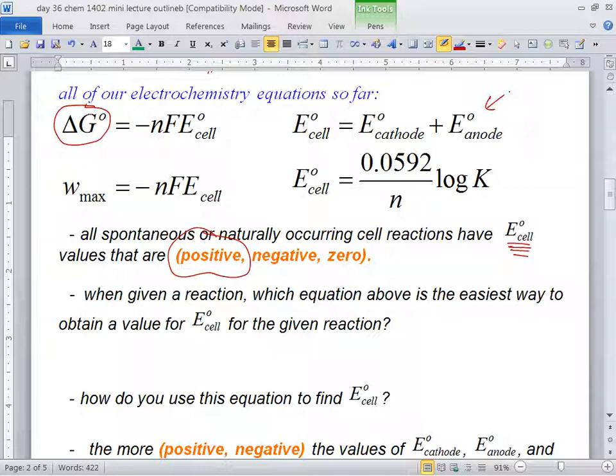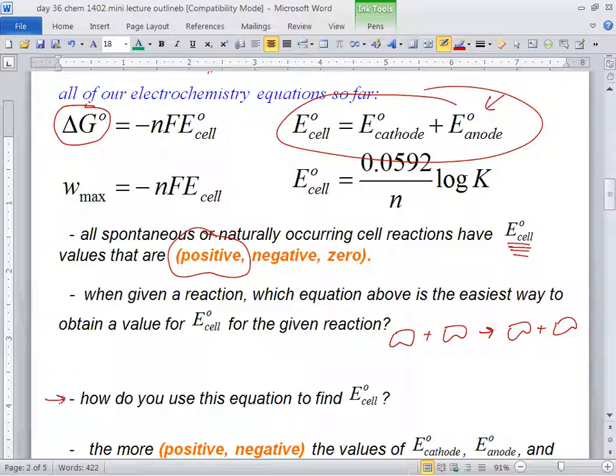So if you're given, all right, whatever that reaction is, it could be anything. So here's the reaction. He's saying use this equation to get it. All right. So how would you use it though, Kenneth?